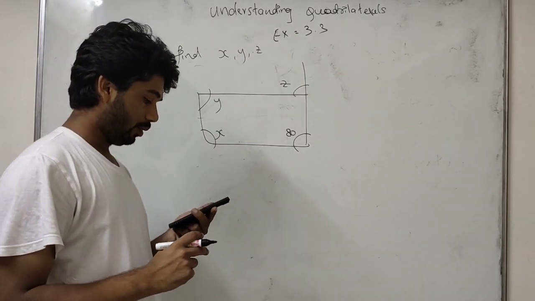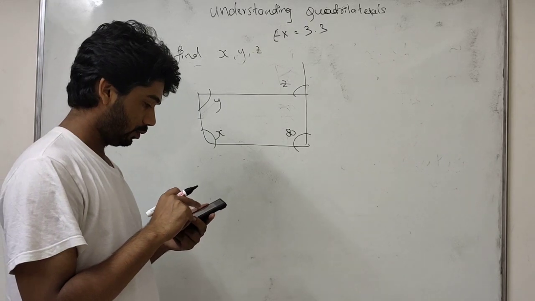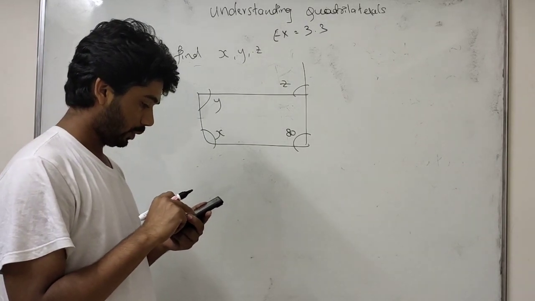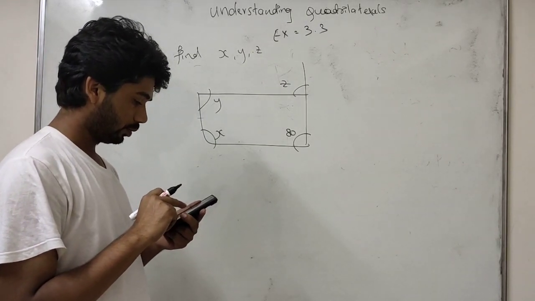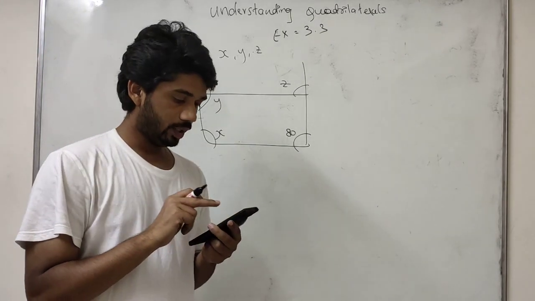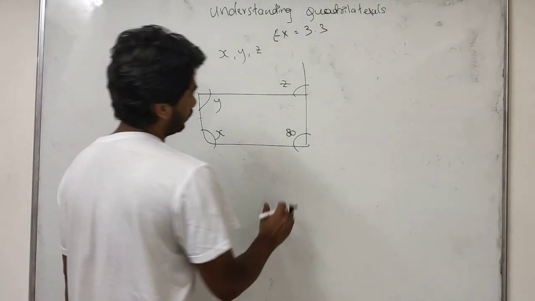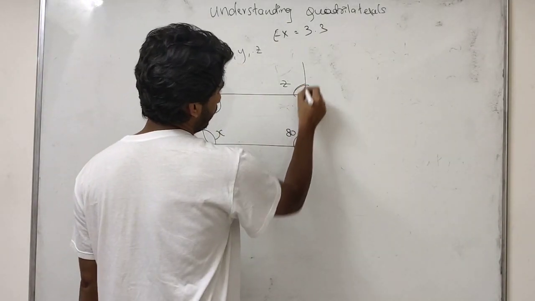Here we have to find the value of all of these. Okay, now see students, z value will be 80.